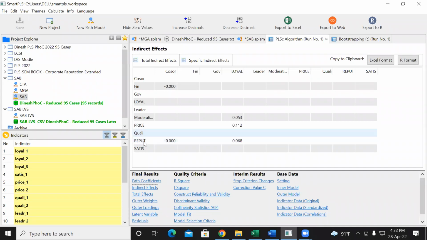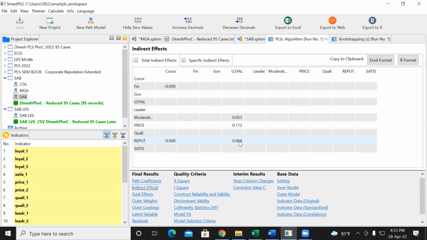Reputation is the independent variable. This is loyalty, the dependent variable. Between them, the indirect effect is 0.068. If this is 0, no mediation, right? Remember, normally mediation means there is an indirect effect, an intervening function in between loyalty and reputation. In this case, that is 0.068.